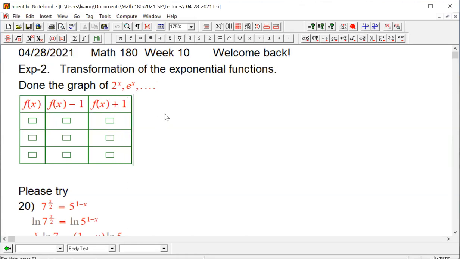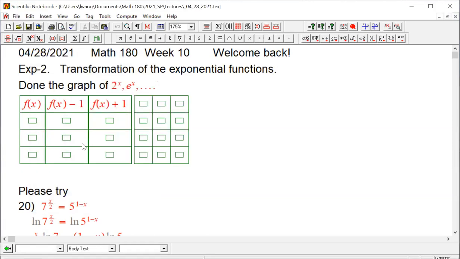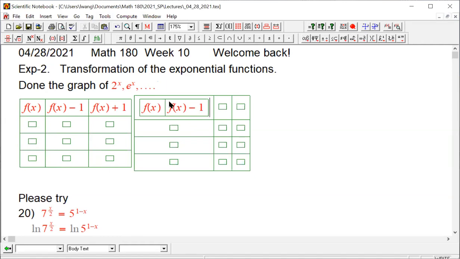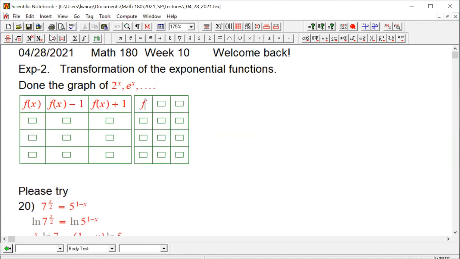In comparison, the second one would still be f of x.